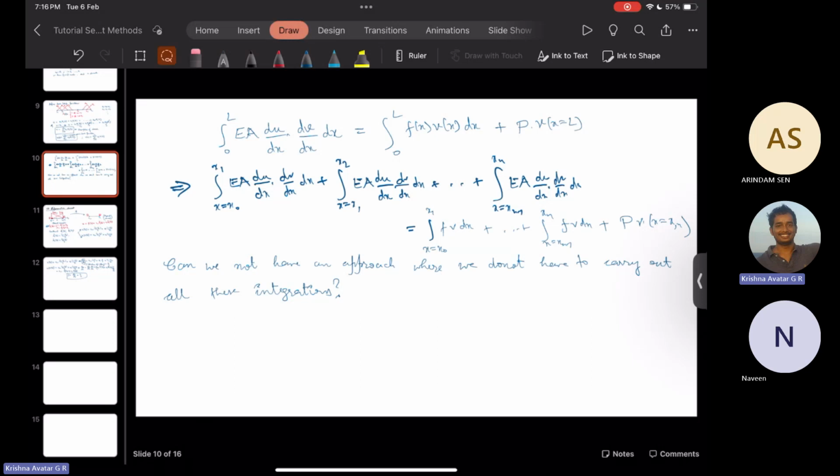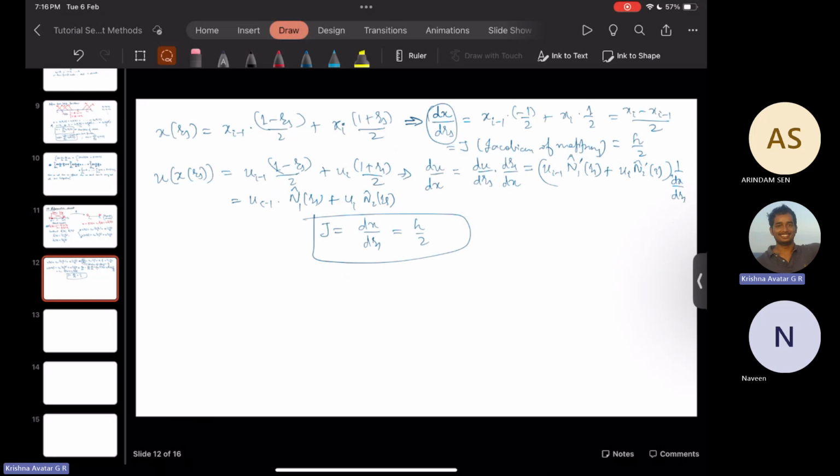Now, our original goal was to devise an approach where we do not have to carry out all these integrations one by one. So what we will do is pick an arbitrary integral from here, and we'll see that it is very easy to find a general form of the integration.